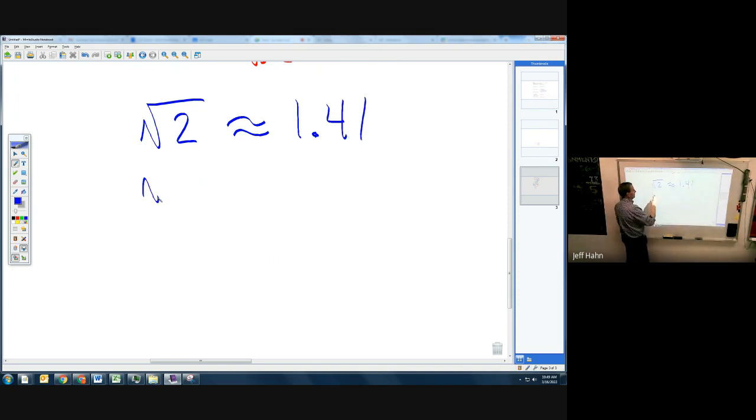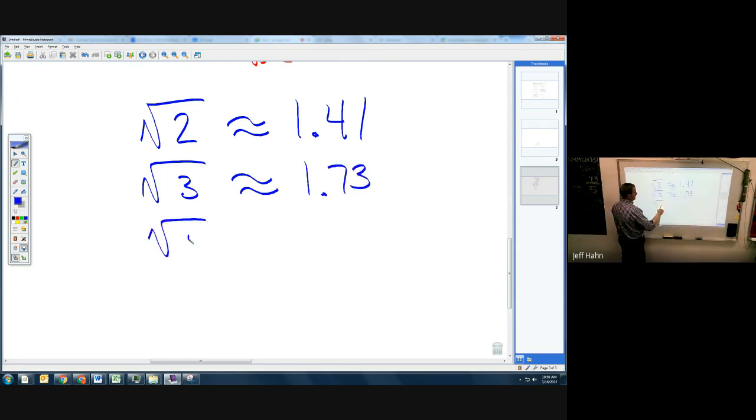The square root of 3 is close to 1.73. The square root of 5 is close to 2.24.